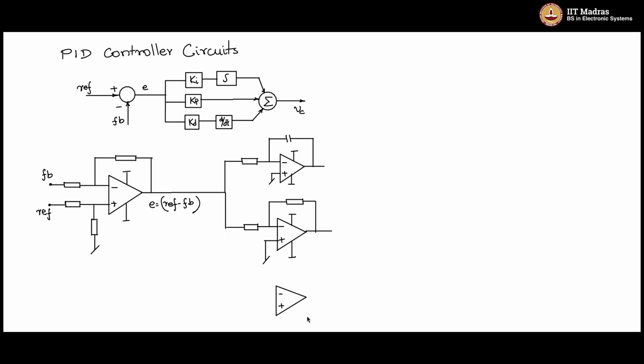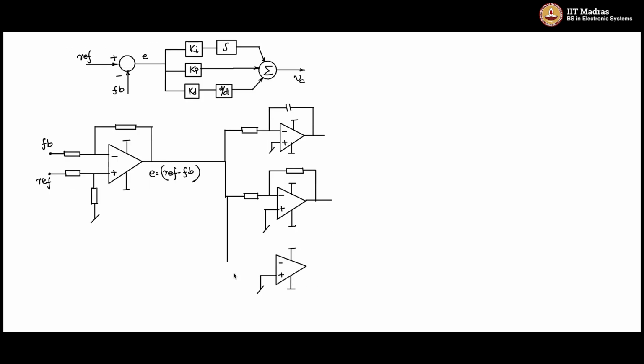And the third is the differential action, and I'll put a capacitor here, 1 by SC here, and a resistance here, which will give you the differential action. Actually, the dual of this integral action. So I will have a resistor here and bring it out, and use one more op-amp and do an inverting summer.